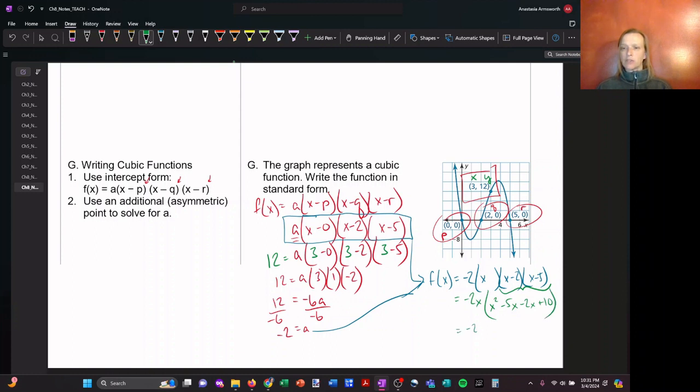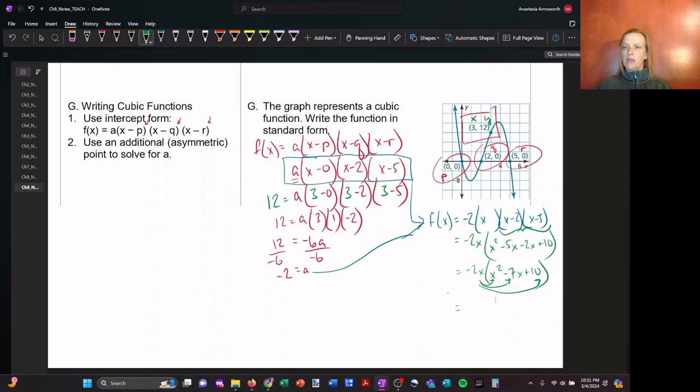I'm going to combine like terms to simplify this a little bit more. x squared minus 7x plus 10. And then I'm going to multiply by the negative 2x that I have outside the parentheses. I'm going to distribute this to each term inside the parentheses.